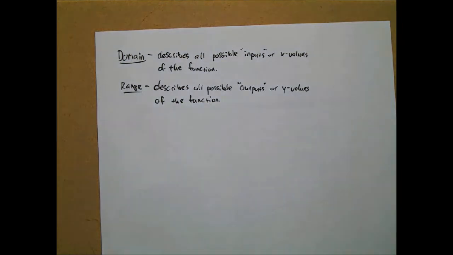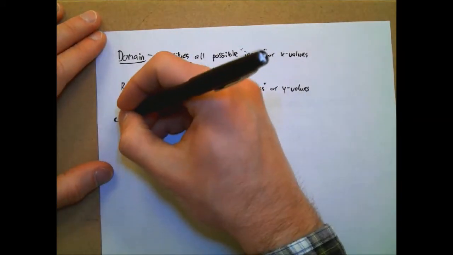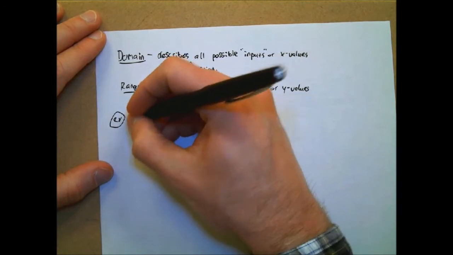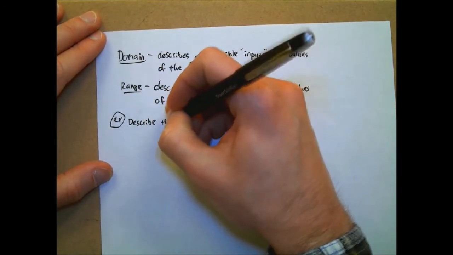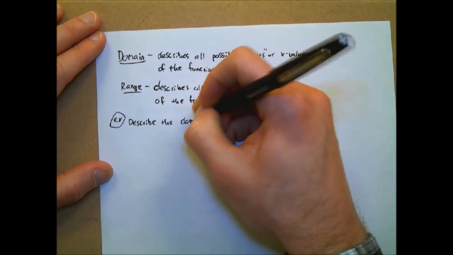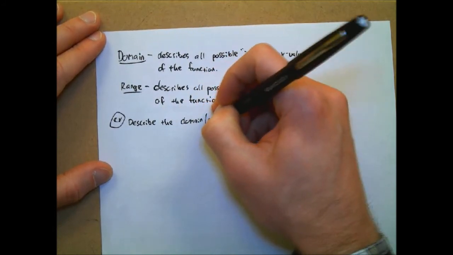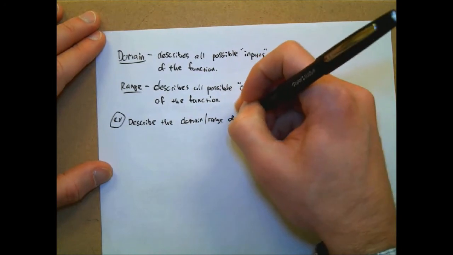Our primary focus, though, for today is being able to look at a graph and describe its domain and its range. So let's take a look here at an example, and we will describe the domain and range of each.